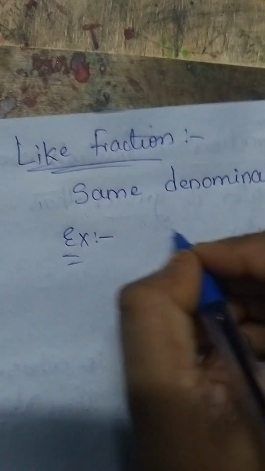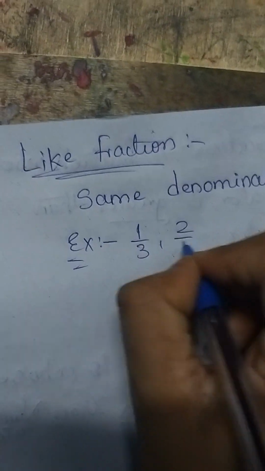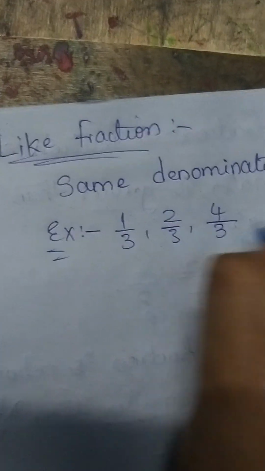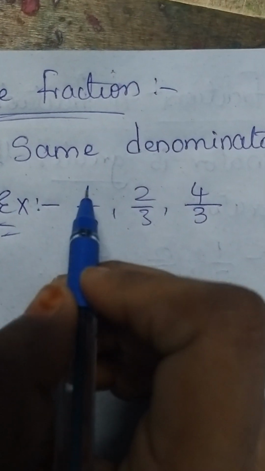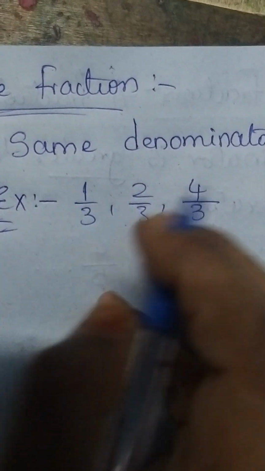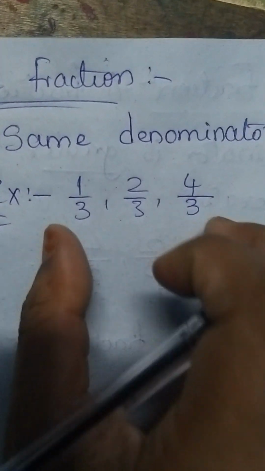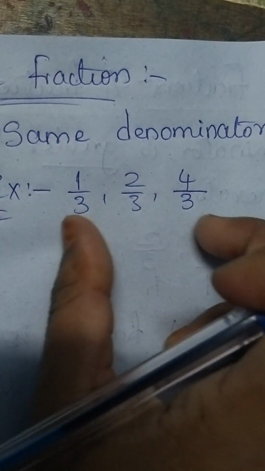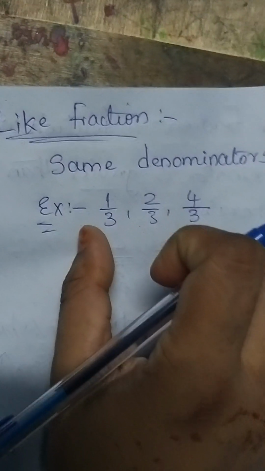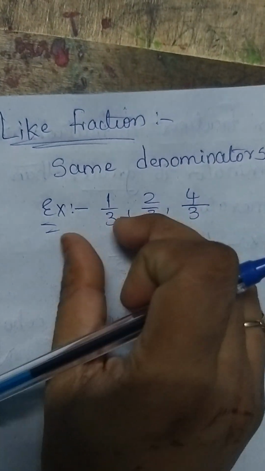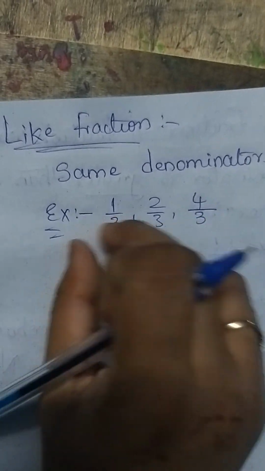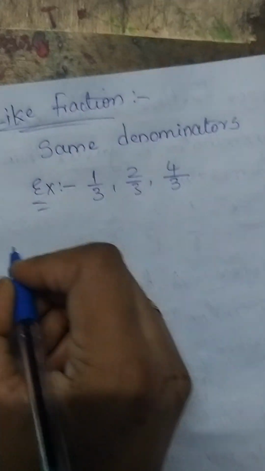Examples: 1 by 3, 2 by 3, 4 by 3. We don't see whether the numerator is greater or smaller. We see only whether the denominators are the same or not. So what is this fraction, children? Is this proper, improper? No. What is this? Same denominator. So these three fractions are like fractions.